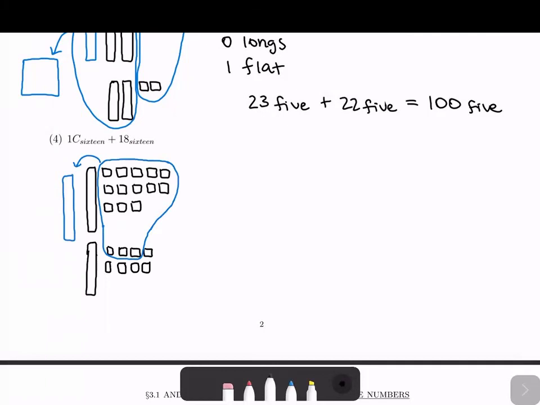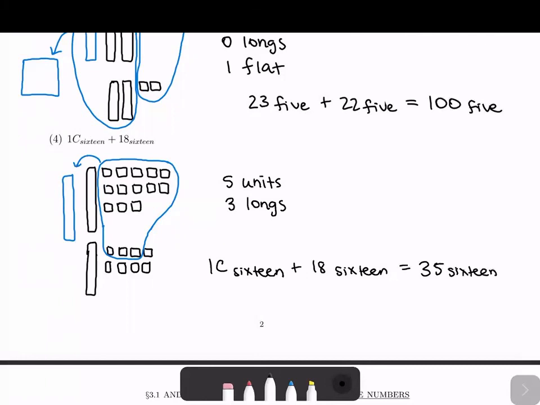So now we have 4 units left, and we can't regroup those anymore. And we have 3 longs, and we can't regroup those anymore. So that's it. So we have the 1C base 16 plus 18 base 16 is 34 base 16.